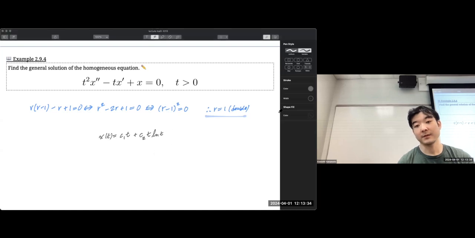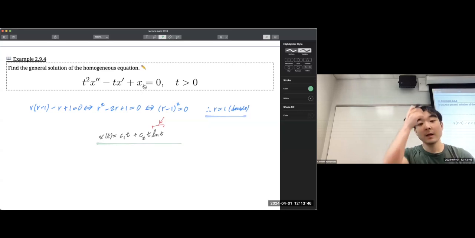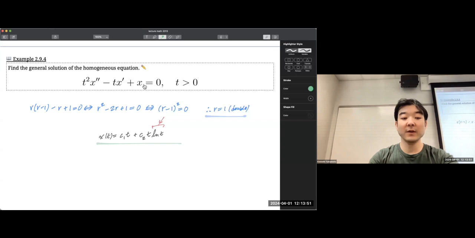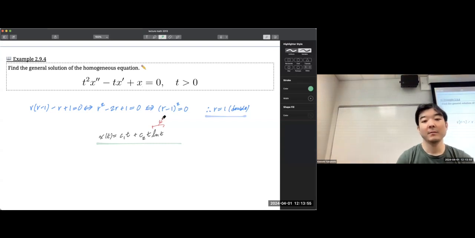You have to remember to multiply by this because this is a repeated root, and then you'll have your final answer. Okay, so that's repeated roots for Euler equations. So we have those three cases, slightly different from the constant coefficient differential equation case, but with similar ideas. The initial equation takes the place of the characteristic equation. Your solution form is not e to the rt, but t to the r.